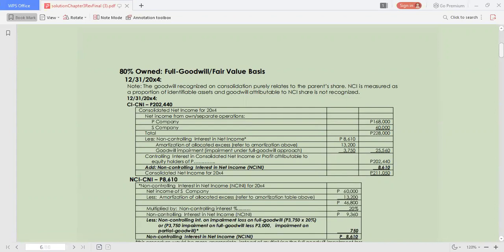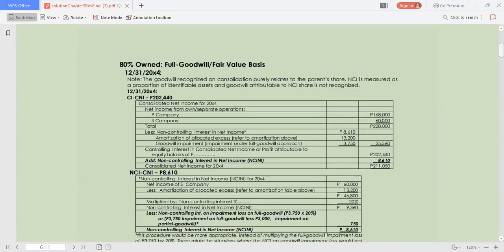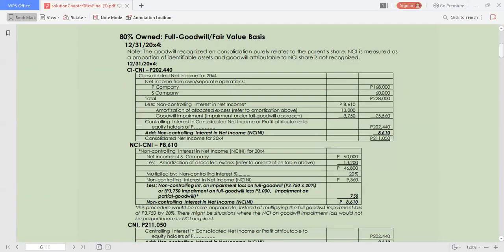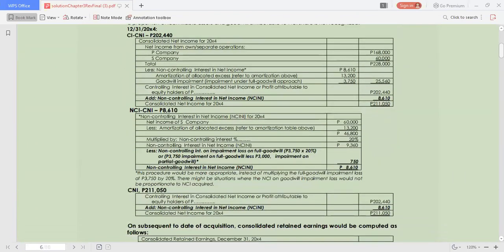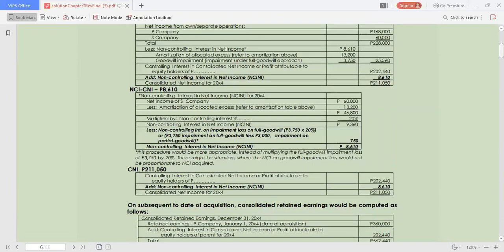Add non-controlling interest in net income. We have the consolidated net income for 20x4 of 211,050. Then for the non-controlling interest in net income, we have the amount of 9,360, but we deduct the impairment loss on goodwill.